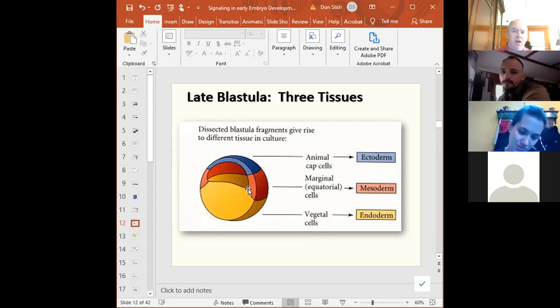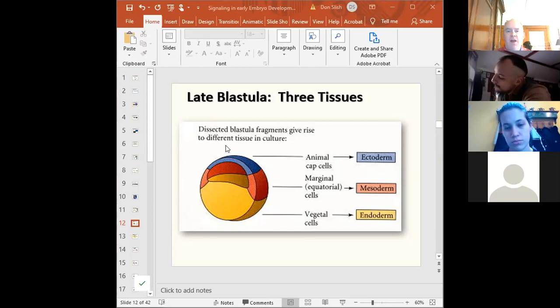So at this point, we still have one axis of symmetry, top and bottom, right? But from any point in the center, it looks the same all the way around. So what did I want to say here? So this is kind of like a mid-blastula stage. Okay, so you've got animal cells on top, and we do experiments where we cut these off. We call that animal cap.